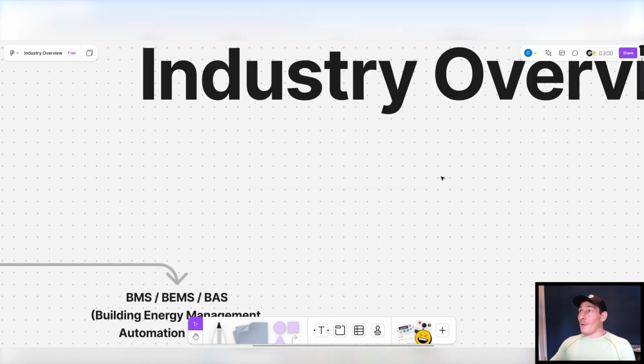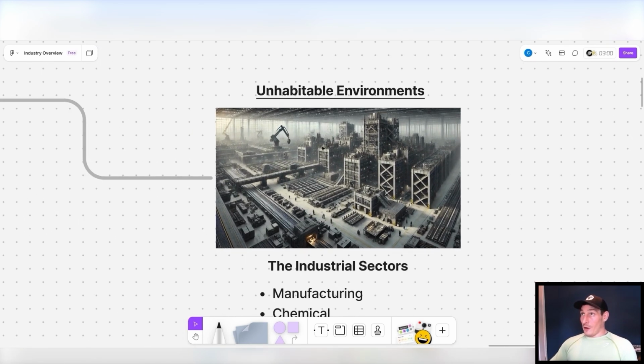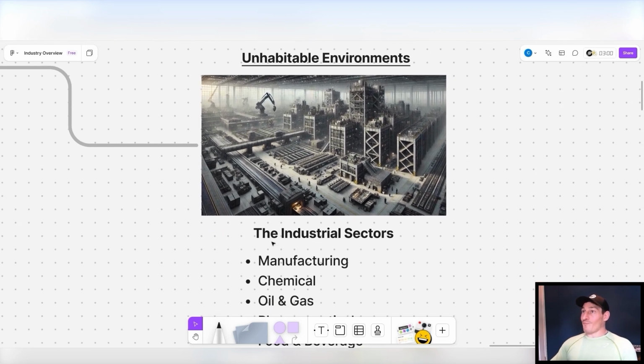boats. Now let's move over to unhabitable environments, okay? Just to recap, what I'm talking about here is industrial sectors, and there is just so much opportunity. It's crazy. There is so much opportunity when you look at all the sectors that come under industrial controls and instrumentation.